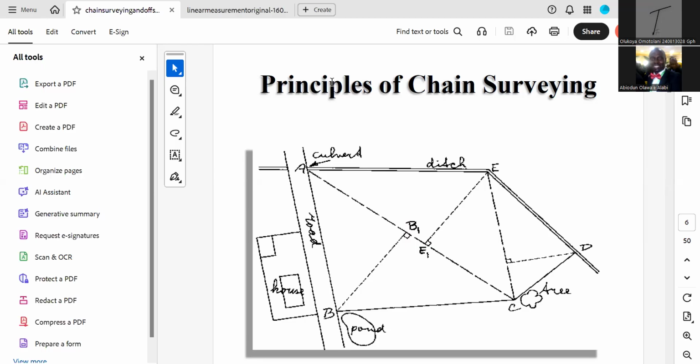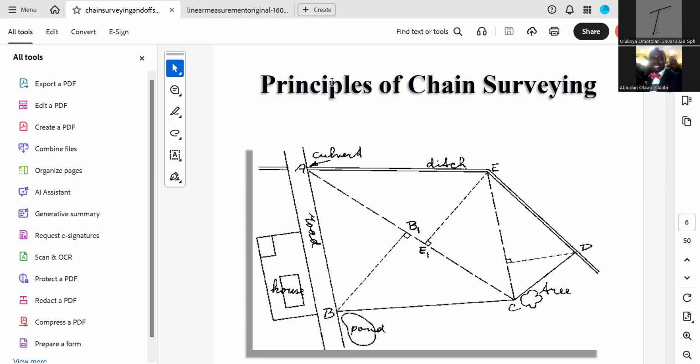At what distance can we say we have a flat surface? 250 meters, sir. Yes, it's not more than 250 meters. So that is the range of distance, when your distance is not more than 250 meters.